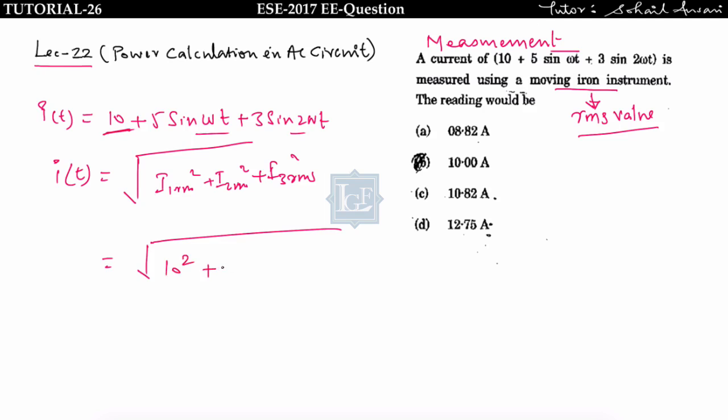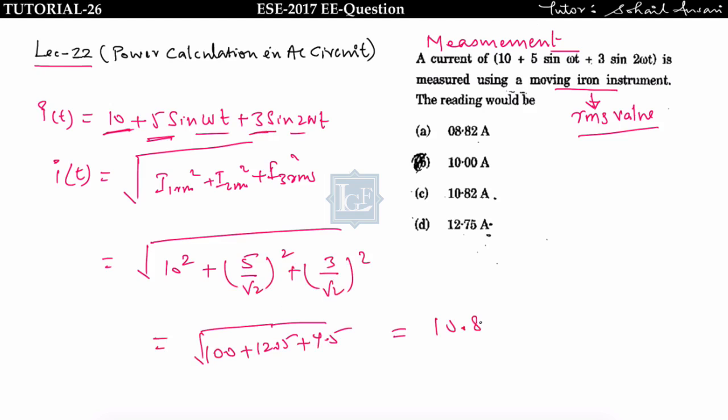So 10 square plus, this is a maximum value, so RMS will be 5 by root 2 square, plus here this is also a maximum value, so 3 by root 2 square. So finally you will get 10.82 ampere. So option C is correct. This has been discussed, how to find the RMS value which contains harmonics, in lecture number 22.